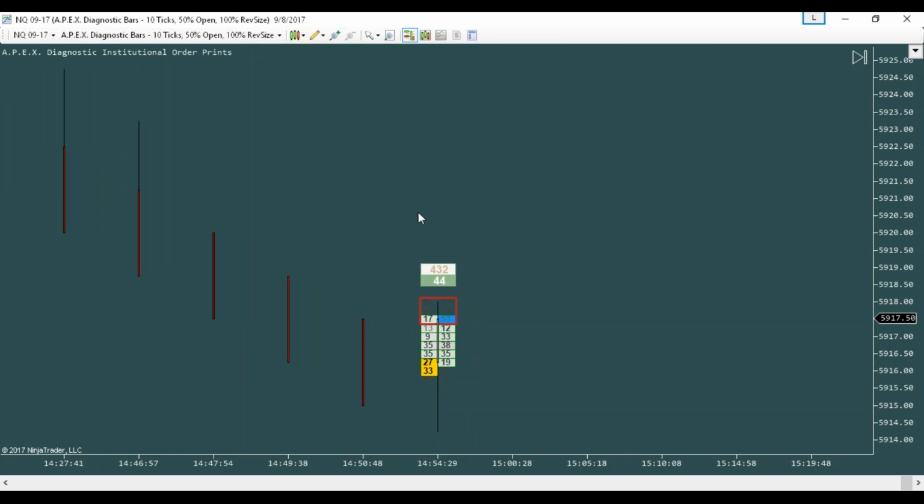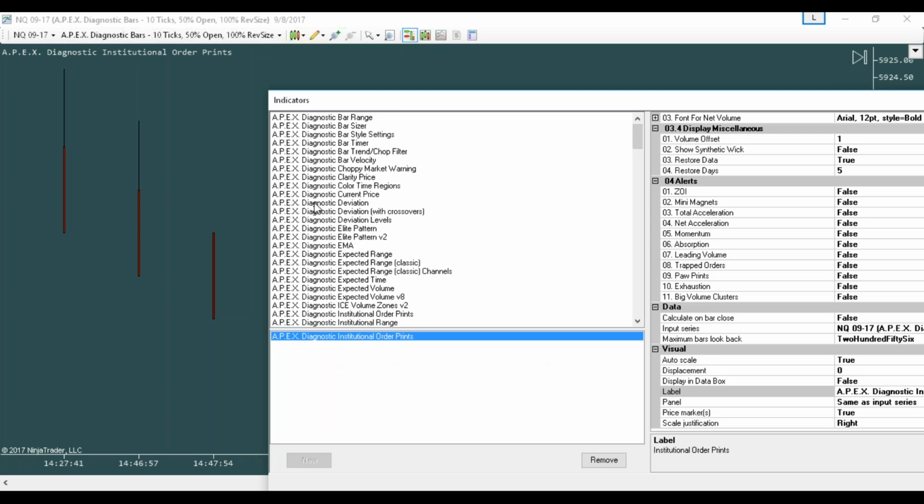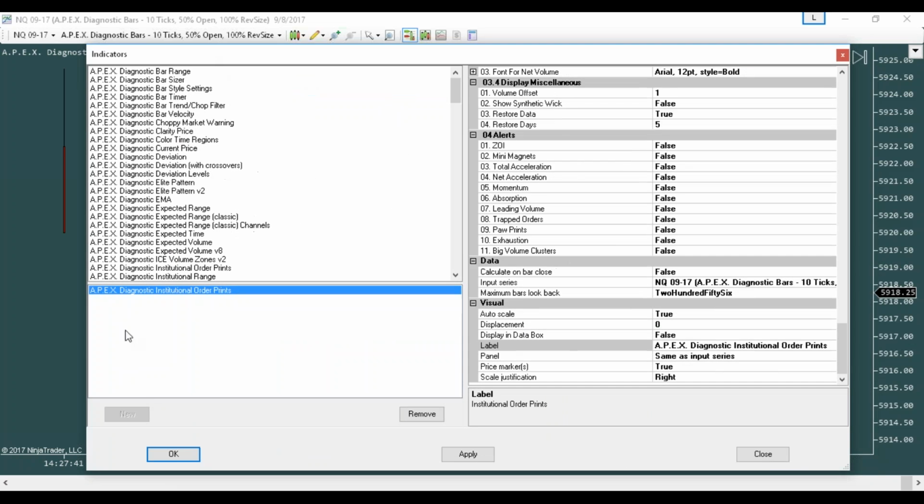Now, one other thing, Dennis, just to make sure you haven't messed with any settings. If you right click, go to indicators, you've already got order prints selected there, right? Okay.